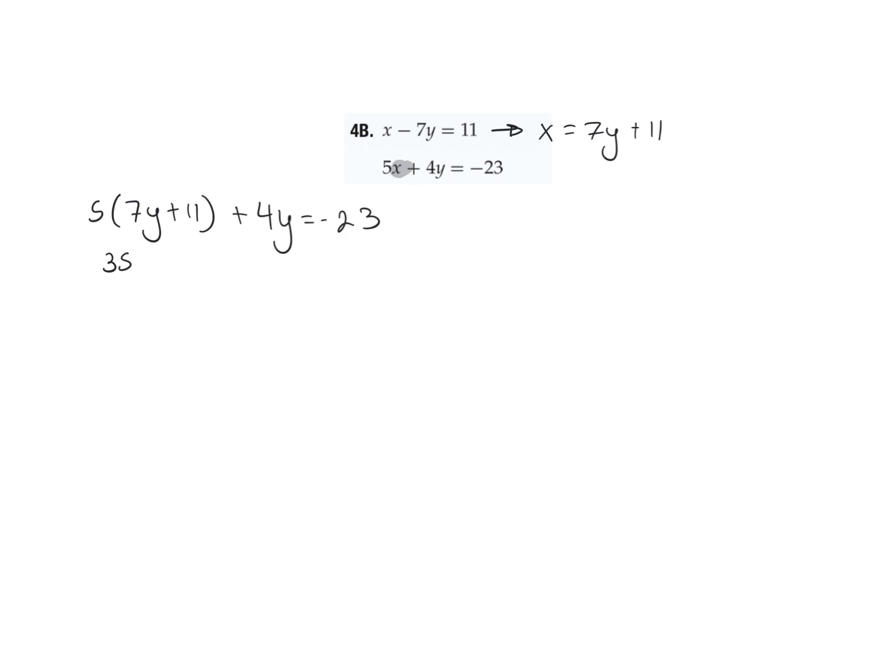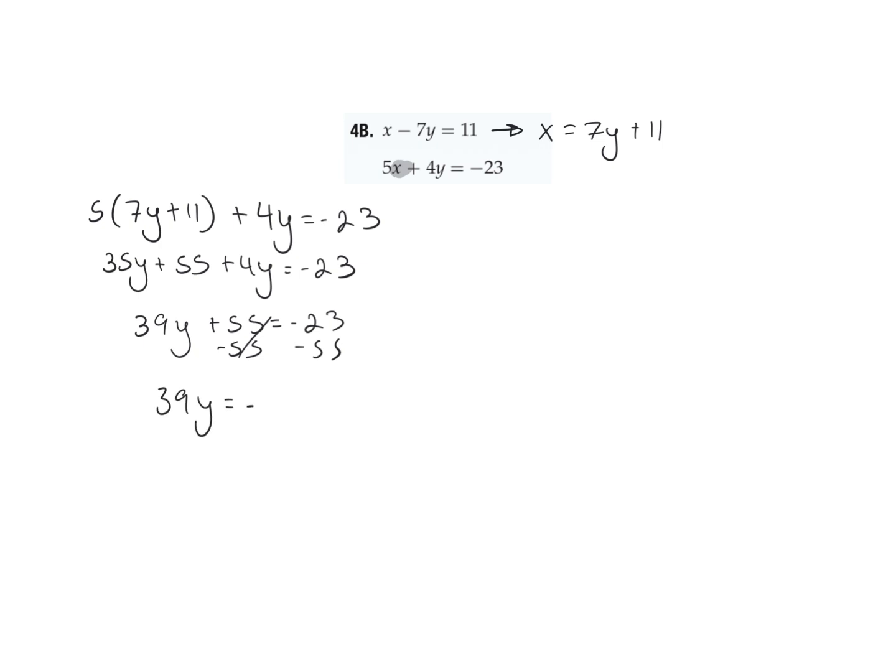So this would be 35y plus 55 plus 4y equals negative 23. So that's going to be 39y plus 55 equals negative 23. I'll subtract the 55. So I'll get 39y equals negative 78.